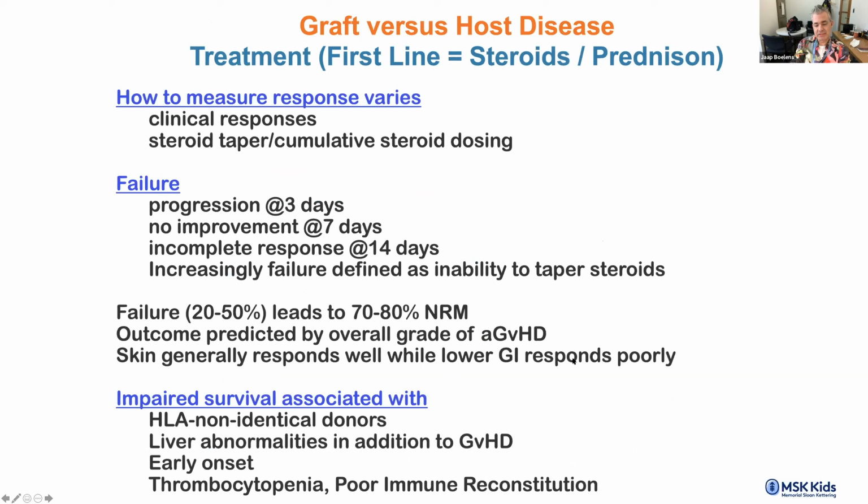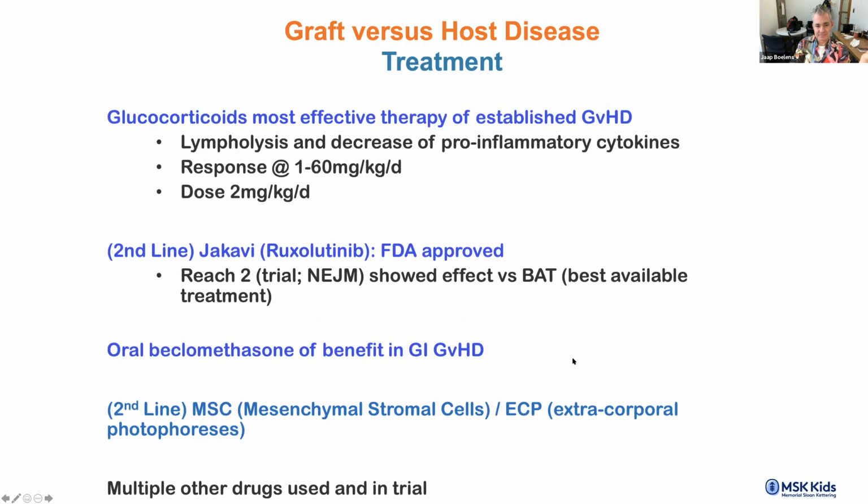Or when you have an incomplete response after 14 days, we also consider you steroid refractory. And then it depends on whether you have immune reconstitution or not, or what the second line treatment is going to be. But failure to respond to steroids makes the outcomes pretty poor, with a high transplant related mortality. And the right treatment in second line, that's not completely clear.